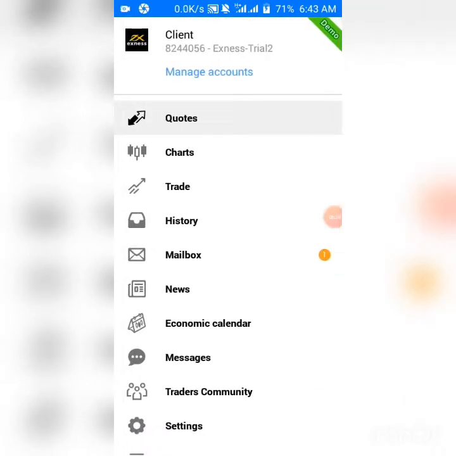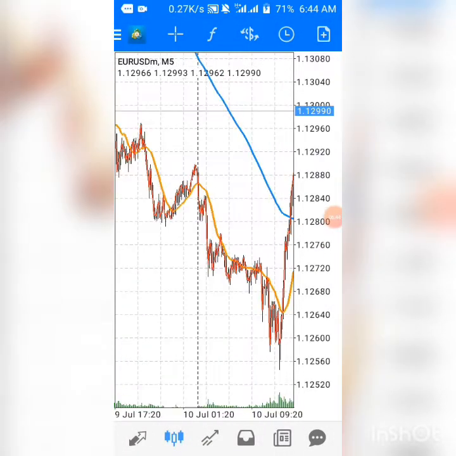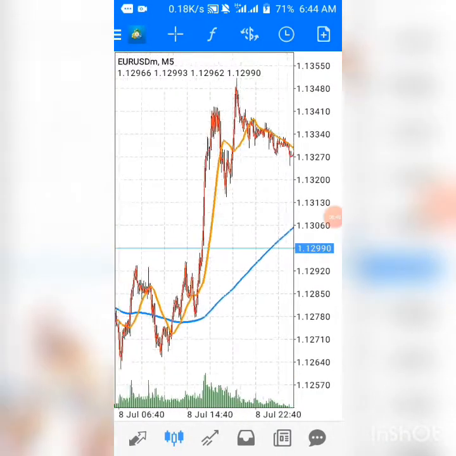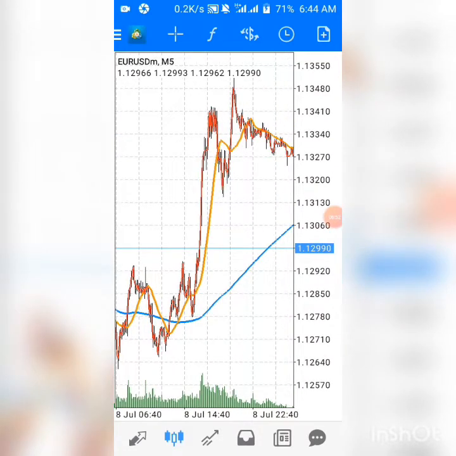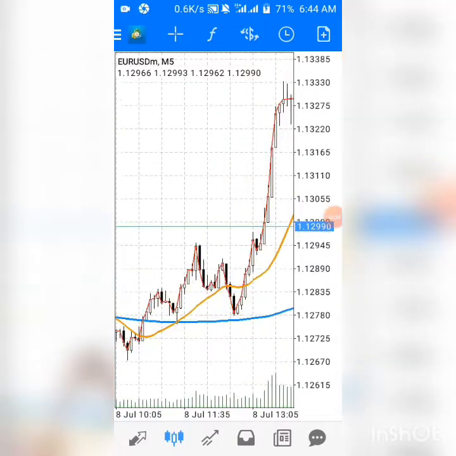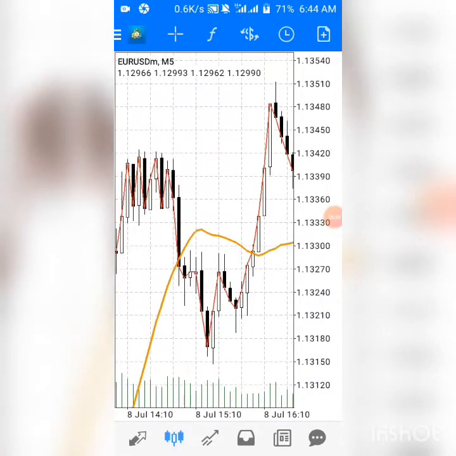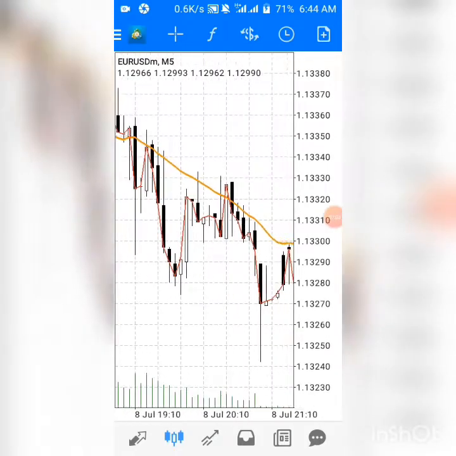Next is the charts. On the chart, you can see Euro USD charts, where price moves. Price is always on the move. It goes up, comes down. I see it ticking down.